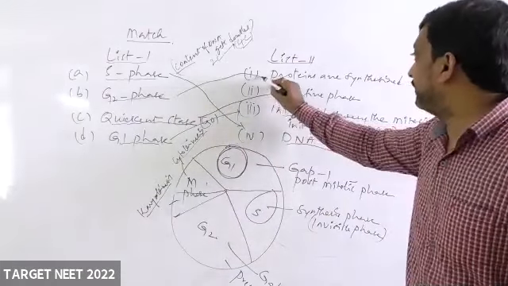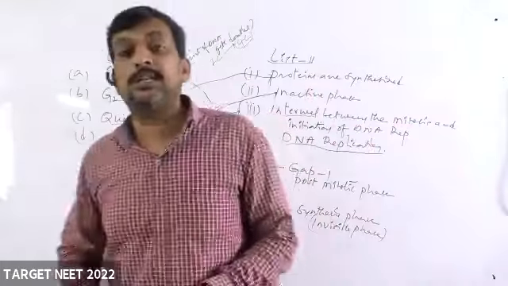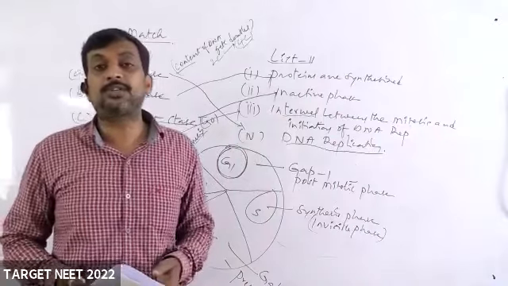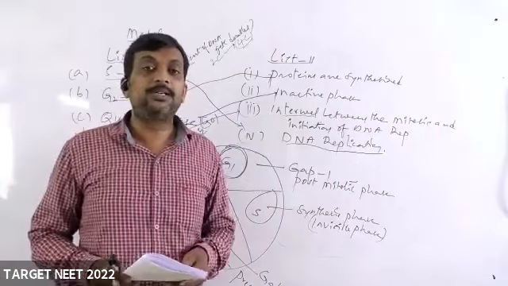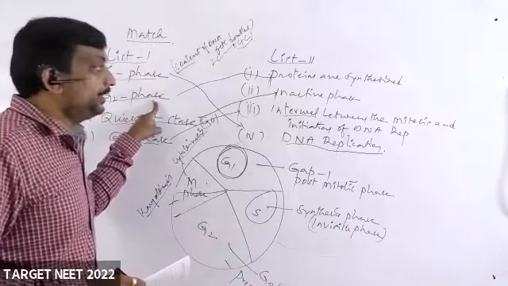It is concerned with proteins being synthesized, especially the tubulin proteins which help in the formation of contractile spindle fibers. Those tubulin type proteins are generally formed during the G2 phase.